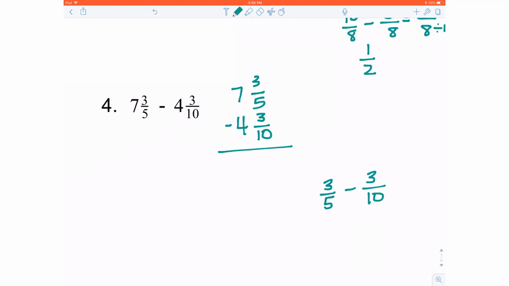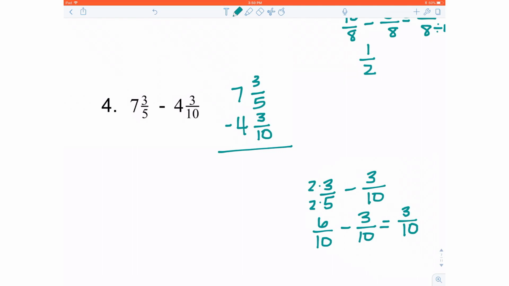Here we can make this 5 into a 10, so if we actually multiply this side by 2, we'll get the same denominator. So there's no need to multiply them by each other. So this gives us 6 over 10, and we bring down that 3 over 10. 6 over 10 minus 3 over 10 is 6 minus 3, so 3 over 10.